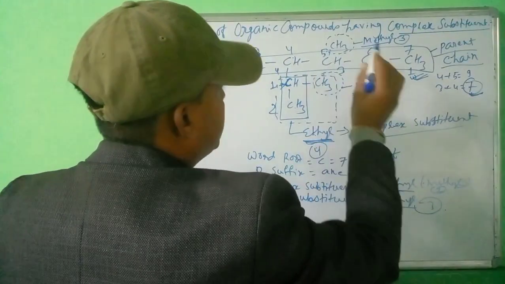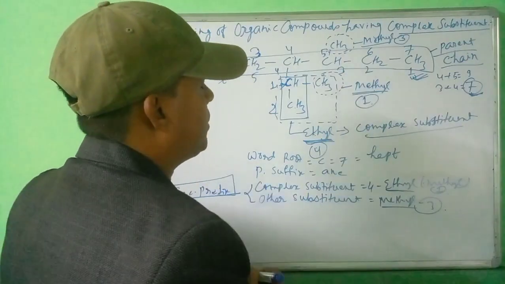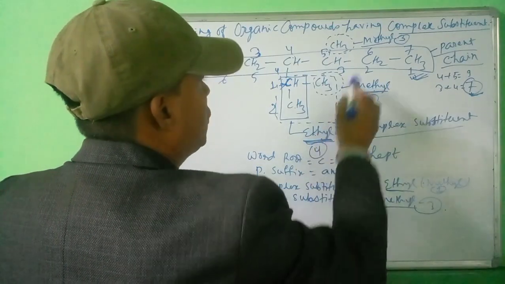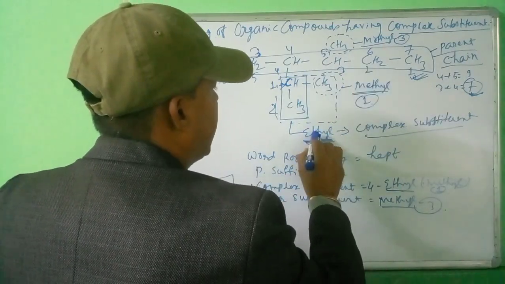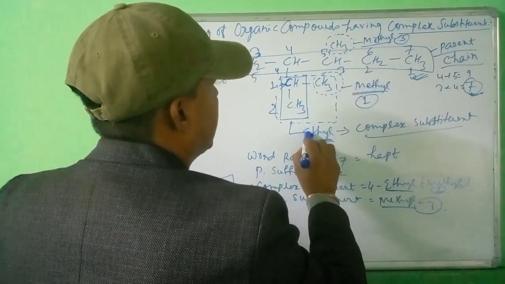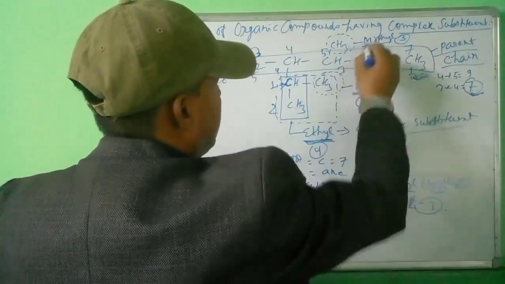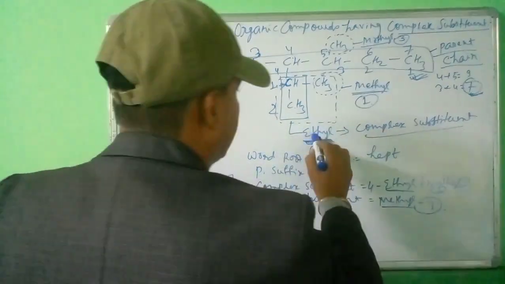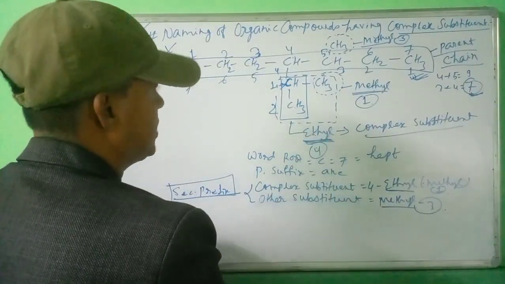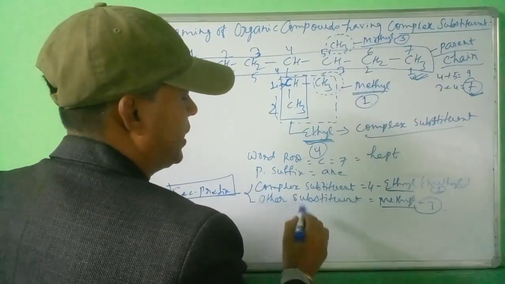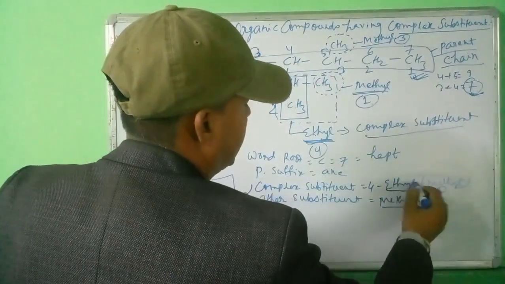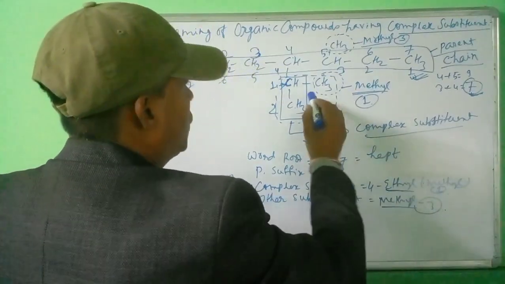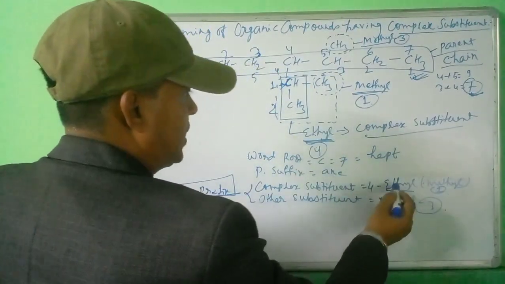According to the IUPAC system, if two different substituents are present in the compound, we write them alphabetically. Ethyl begins with E and methyl with M, so alphabetically E is written first, then M. But the ethyl is already substituted, so ethyl and methyl are written combined. So at first ethyl is written.